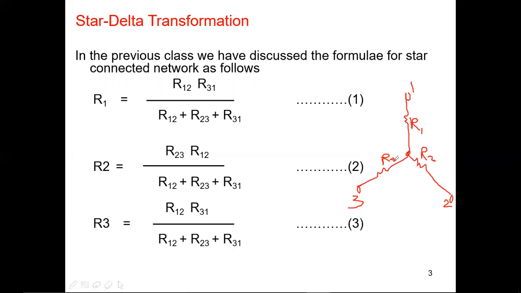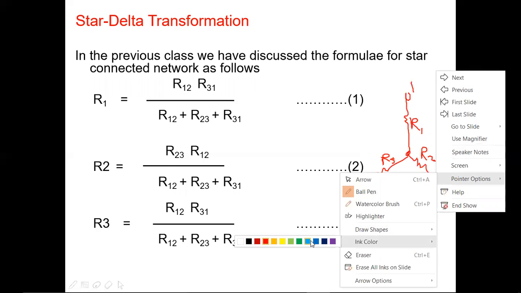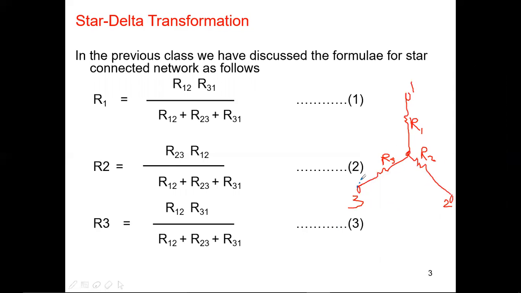Now your job is to convert this star to delta. Let me draw the delta in an imaginary way, in dotted lines.